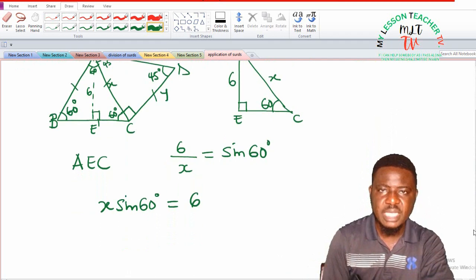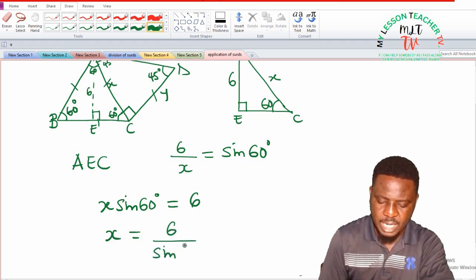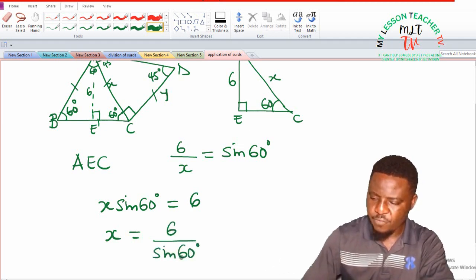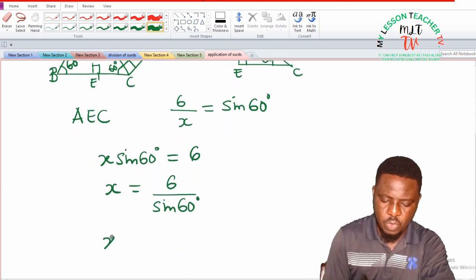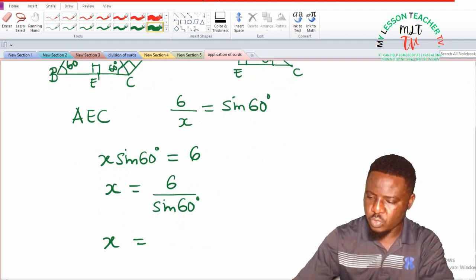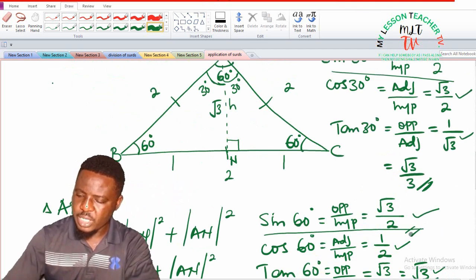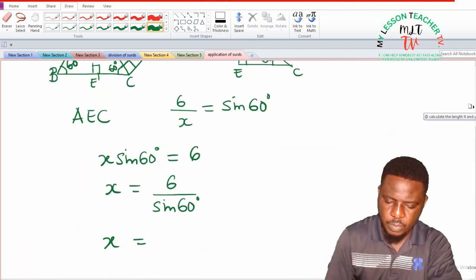Dividing both sides by sine 60 degrees to make X the subject of the formula, we have it that X is equal to 6 divided by sine 60 degrees. And from our trig ratios, we already know what sine 60 degrees is. So if you go back to where it was derived, we have sine 60 degrees to be equal to root 3 over 2.